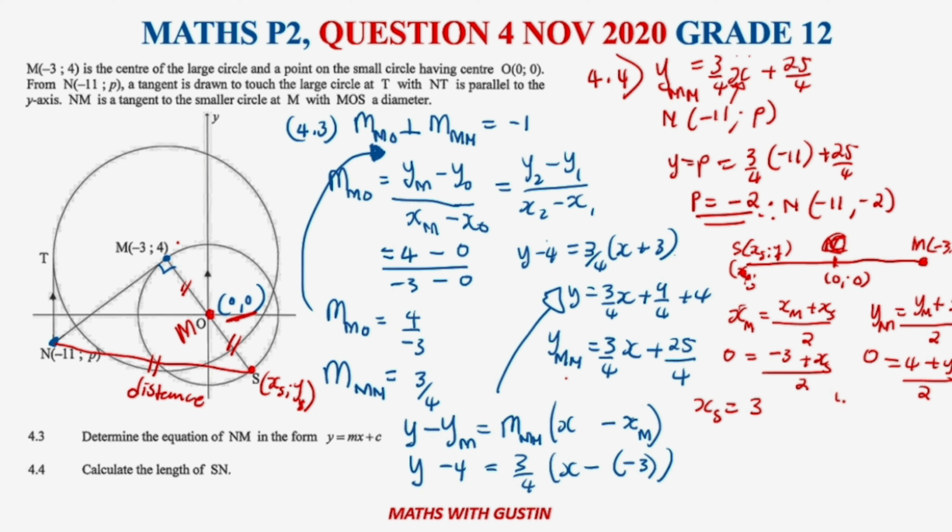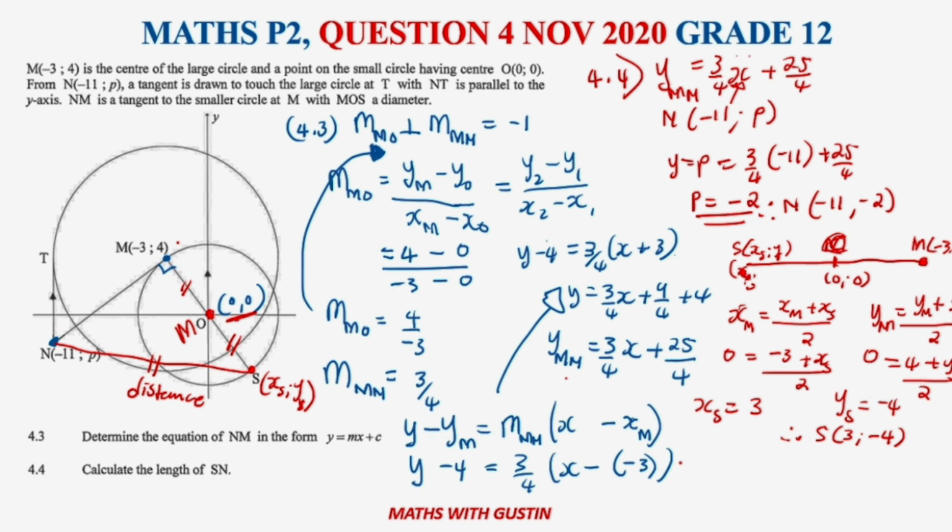Cross multiply, therefore our y at S is negative 4. So our S value is positive 3, negative 4, and that's how you deal with this one.